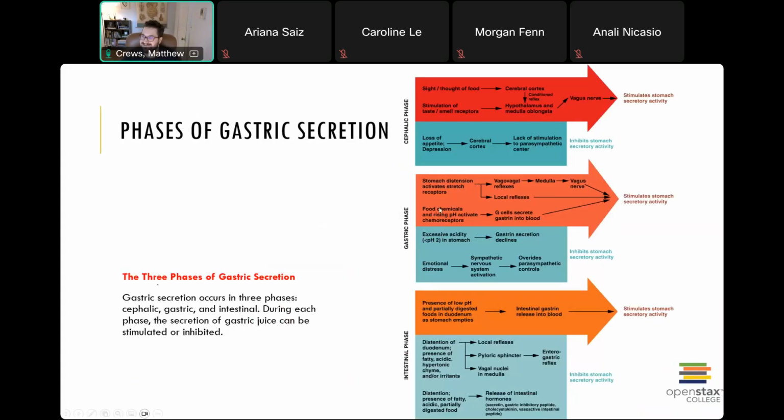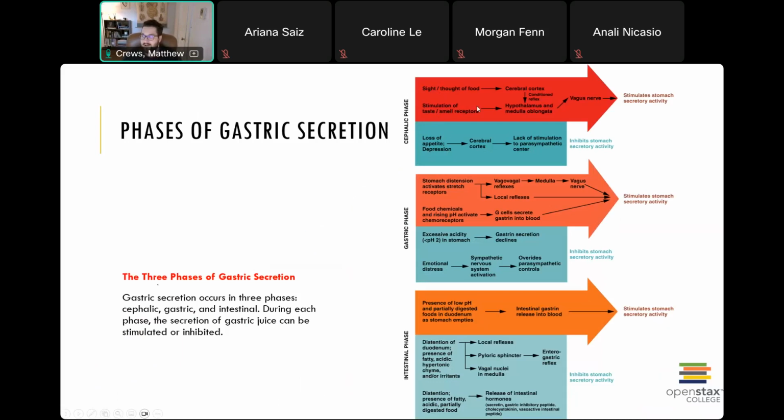I don't know why it says juices. During the cephalic phase, this is just cephalic, the head phase. So this is just I'm thinking about food, or I smell some food and it smells really good, or I ate too much food.